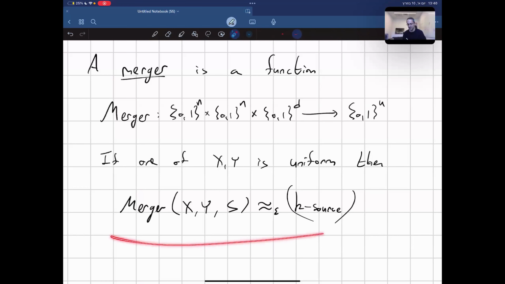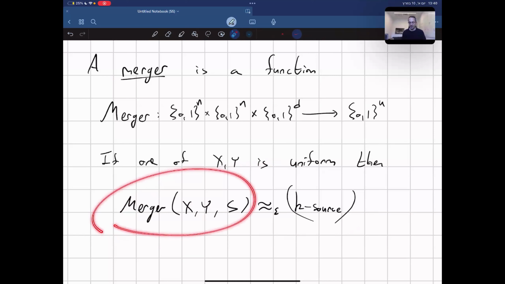Right, so that's our informal notation, but I mean that this random variable, you can move it a little bit, so that it is epsilon away from a distribution which has min-entropy at least k.